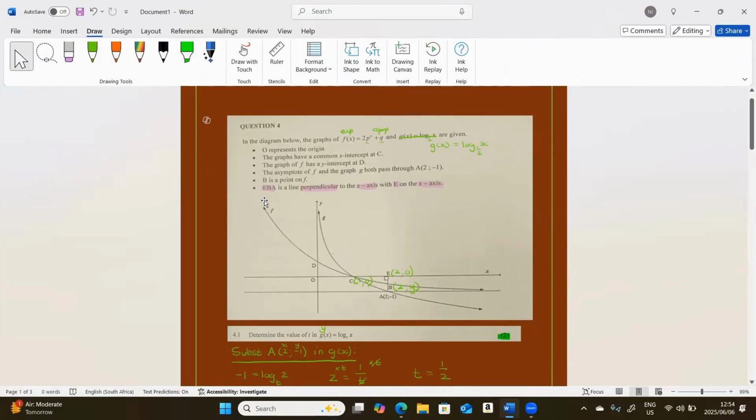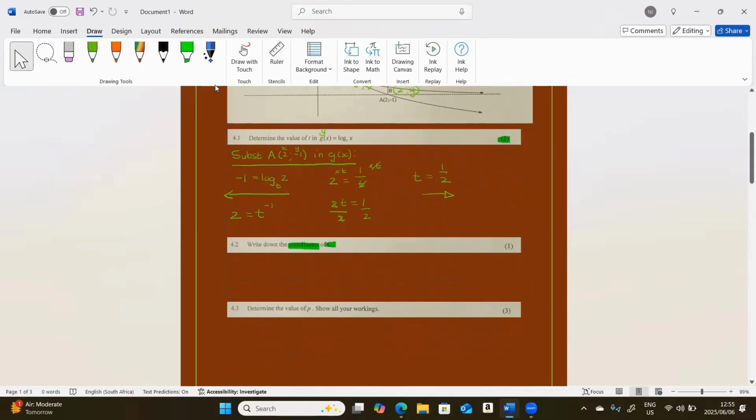Remember, it can go this way or it can go that way. Because they are the inverses of one another, because an exponential function goes through a y value of 1, the log function will go through an x value of 1. And that is why we can say that C is 1 and 0. So you can go and write that answer immediately because it only counts 1 mark. So you can go and say, cool, C is 1 and 0. Okay, so that's definitely an easy mark.